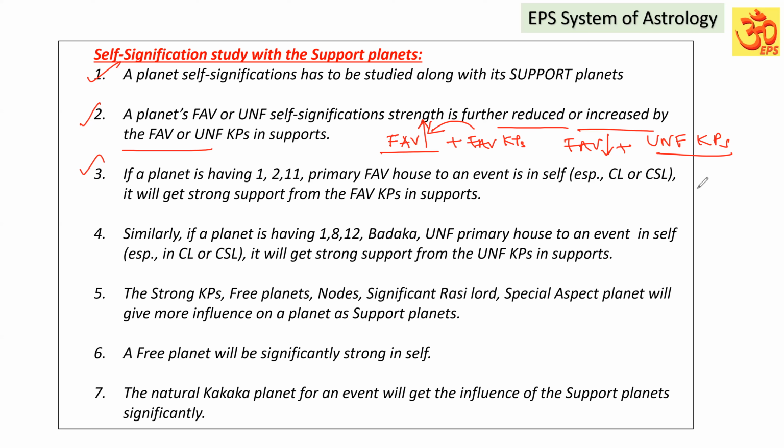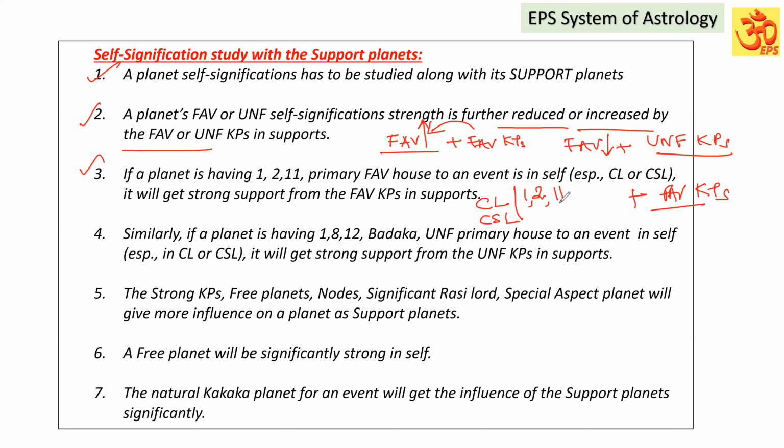There can be many favorable key planets in its supports. If that planet, especially in CL or CSL, has Lagna or second house (I said the second house is not good for health prospects), Lagna, second house, and 11th house.